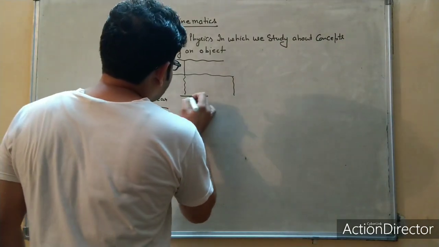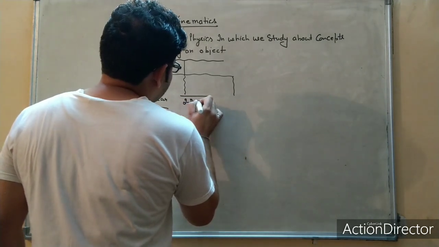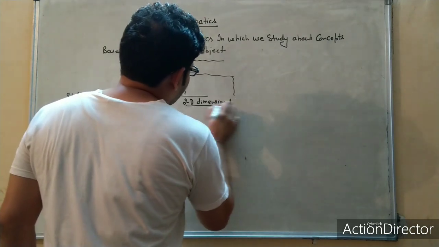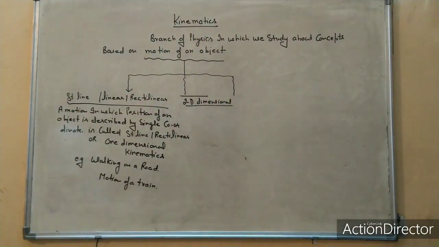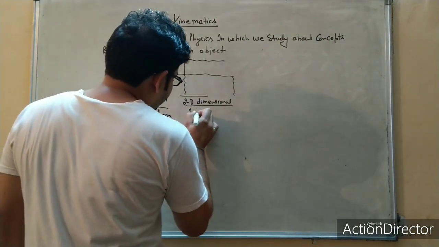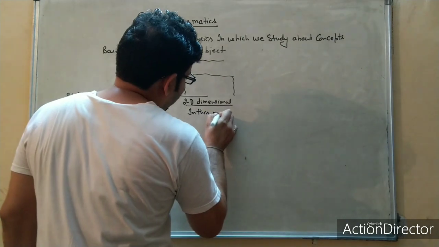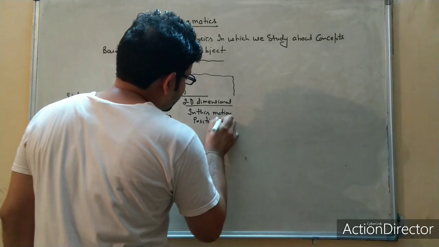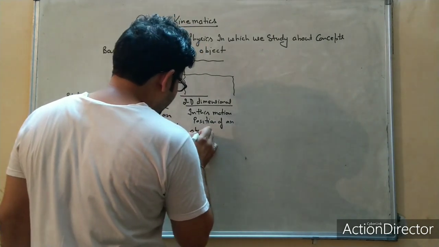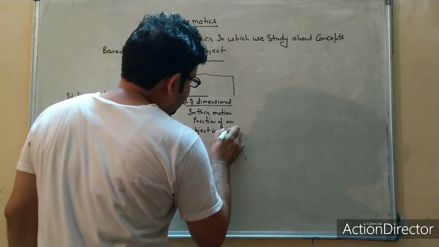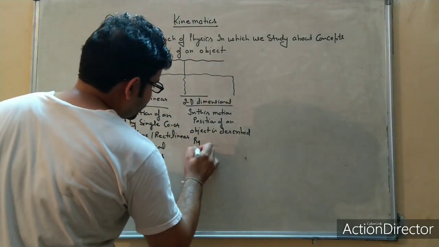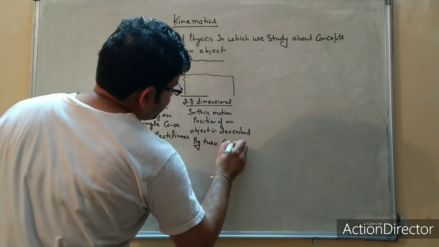Second motion is called two-dimensional motion. Two-dimensional, as its name makes clear, is motion in which the position of an object is described by two coordinates.